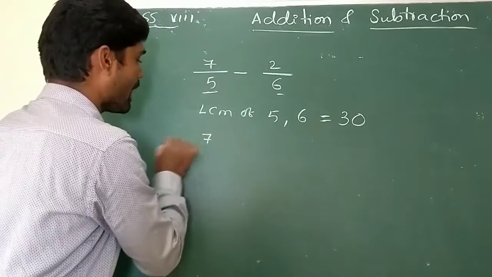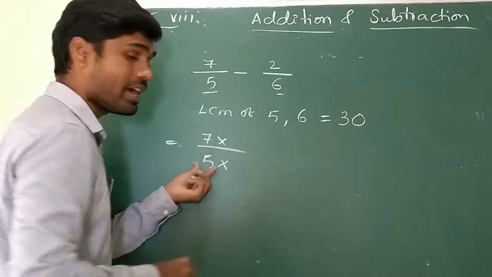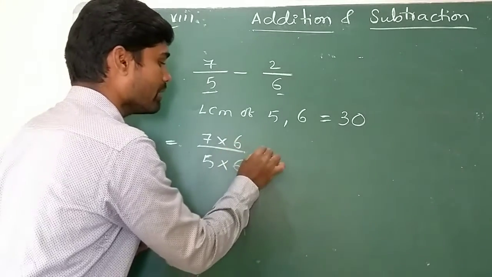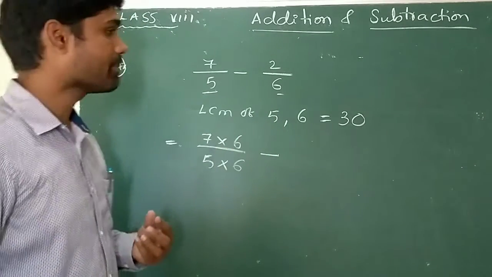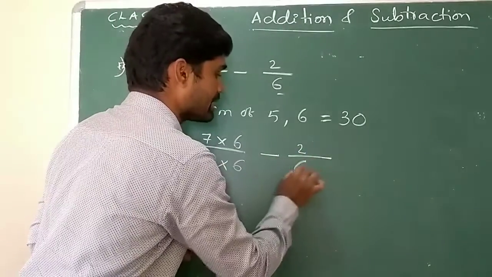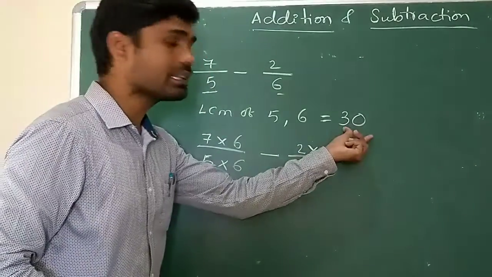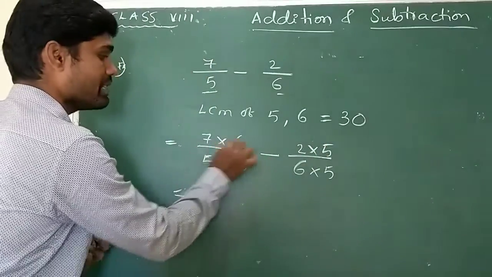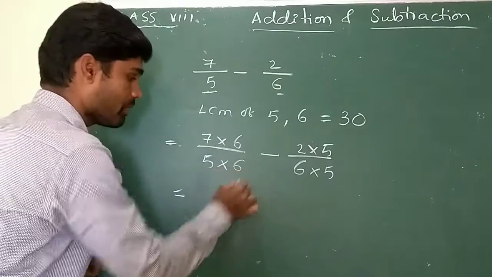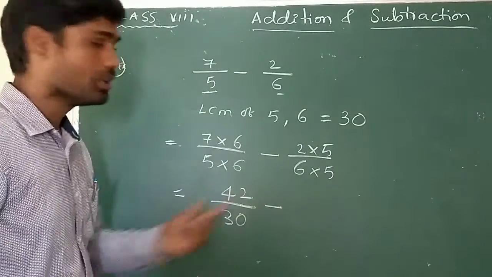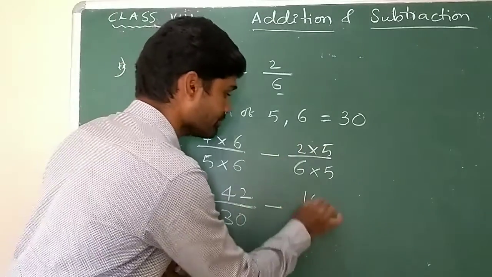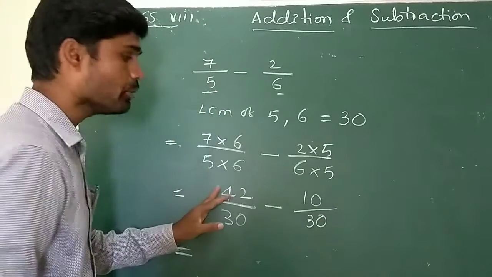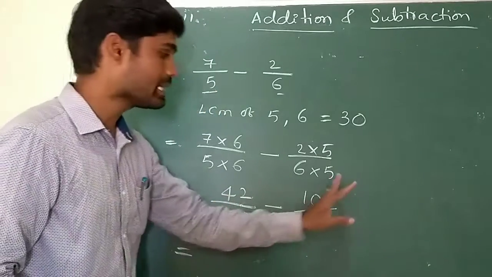Now 7 by 5: in the 5 table, to get 30, 5 sixes are 30. The same number we multiply with the numerator also. Minus 2 by 6: in the 6 table to get 30, 6 fives are 30. So 7 sixes are 42, so 42 by 30, minus 2 fives are 10, so 10 by 30.